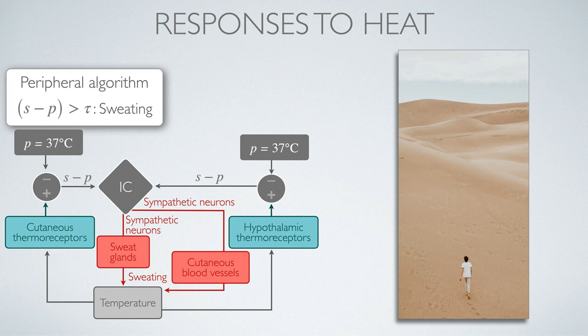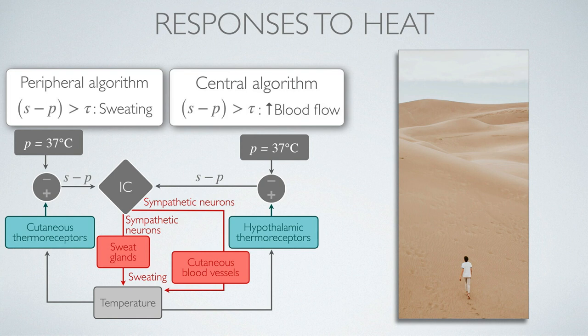At the same time, if the blood that bathes your hypothalamus starts to increase in temperature, then a central algorithm is recruited. Again, if our current temperature, our state variable, minus the set point, that is the error, exceeds threshold, then the response here is to increase blood flow.